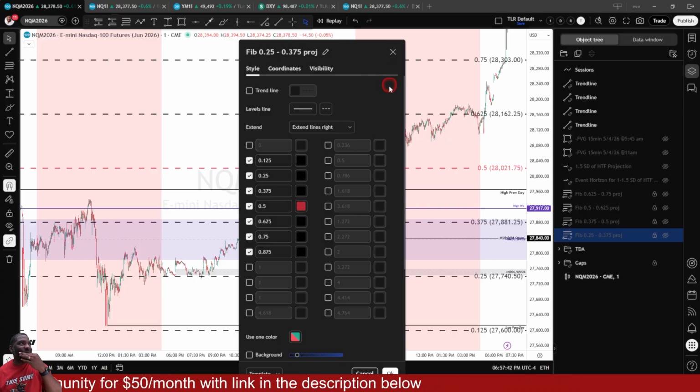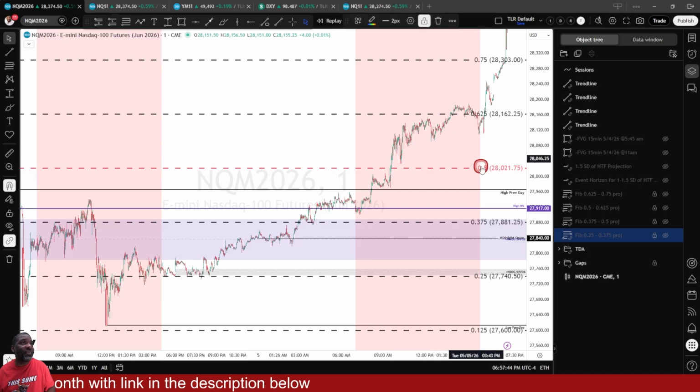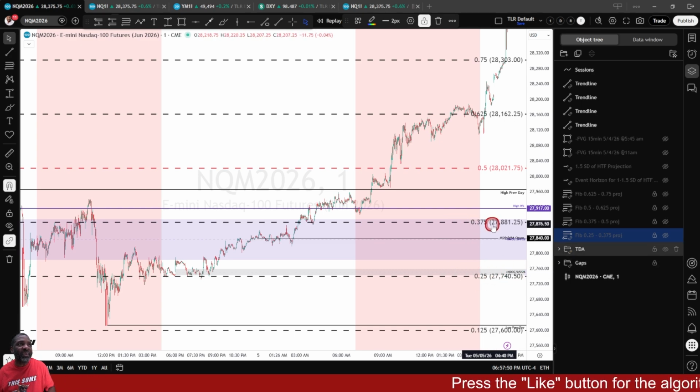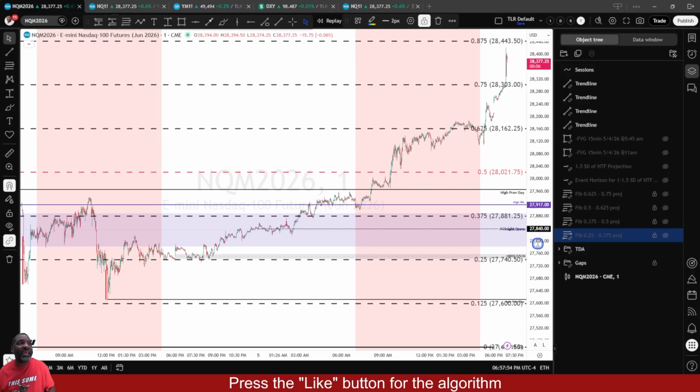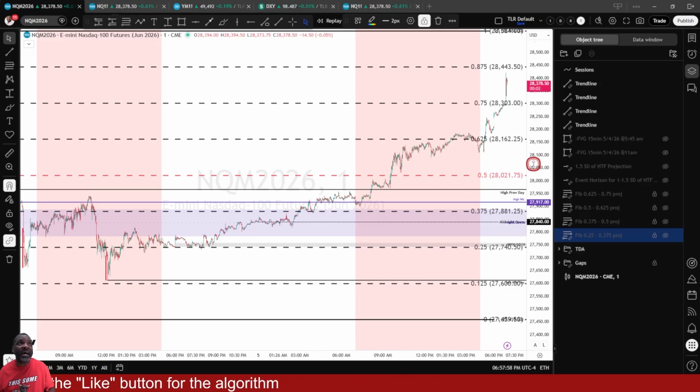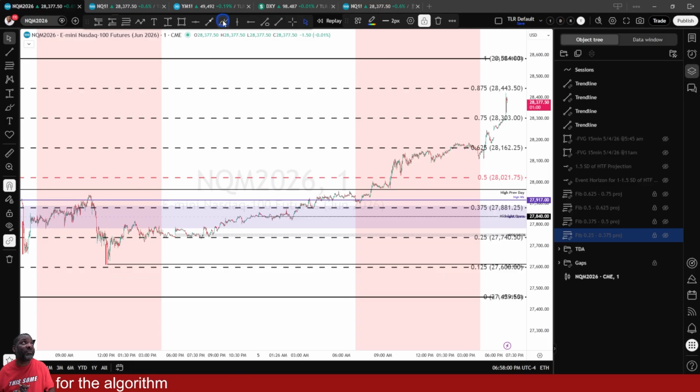So, if I turn this on, watch here. This is the lower quadrant, 0.25, and then that octant right there, 0.375, inside, right? Remember, we was looking at event horizon in between these two levels here.